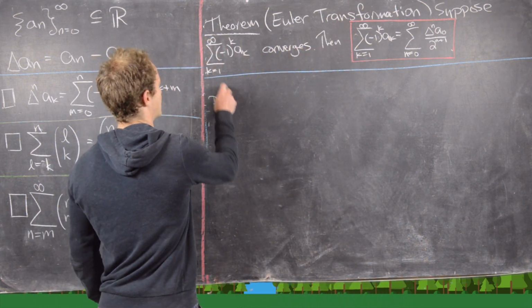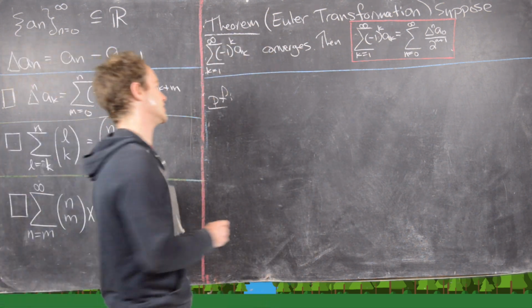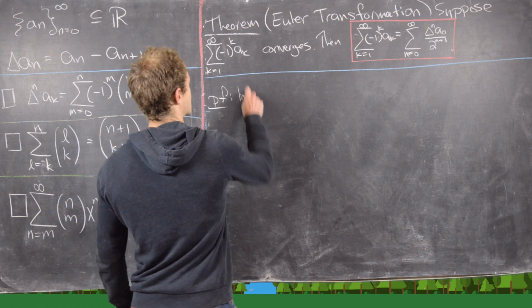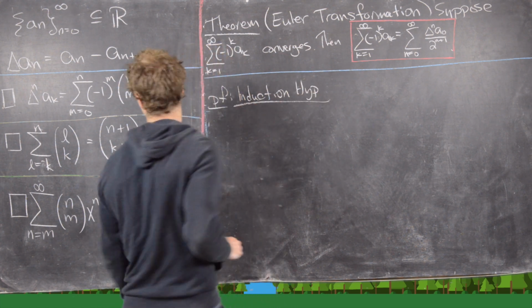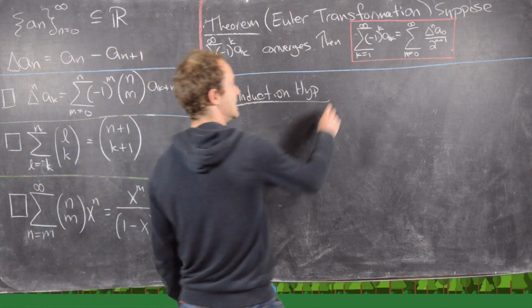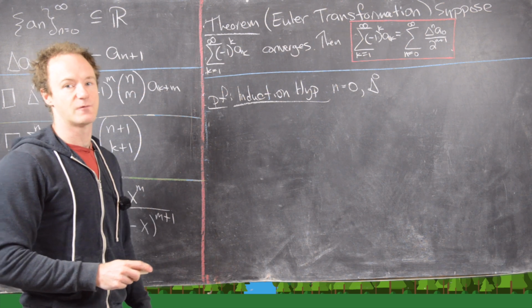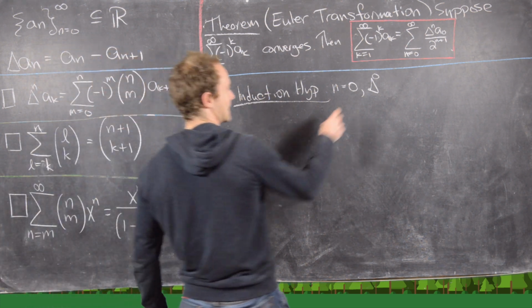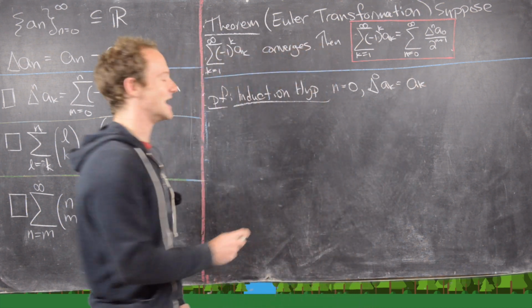So this is the proof of my first bullet point, and we're going to do this by induction. So our base case in this case will be the n equals 0 case, which is like applying the forward difference operator 0 times to a_k, but applying it 0 times just gives us a_k.